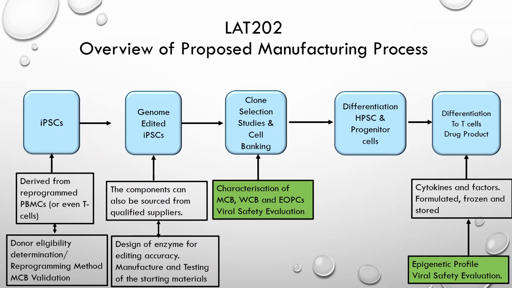It changes the profile and behavior of the cell if you don't have the correct epigenetic profile, and it can seriously impact the safety and efficacy of the product. So that's something that we need to include in our characterization studies.